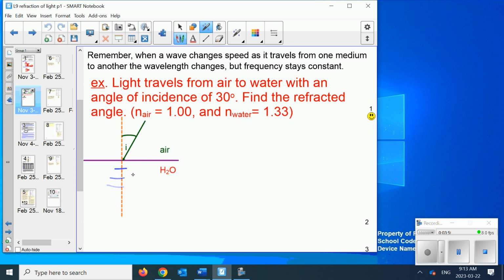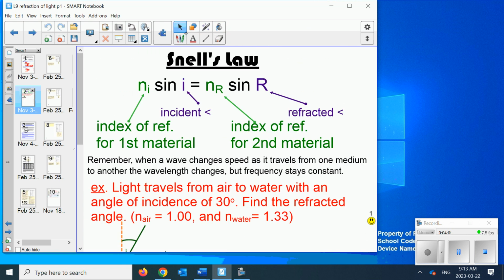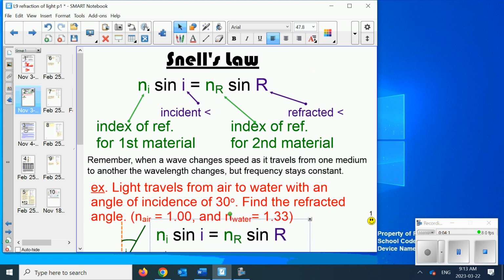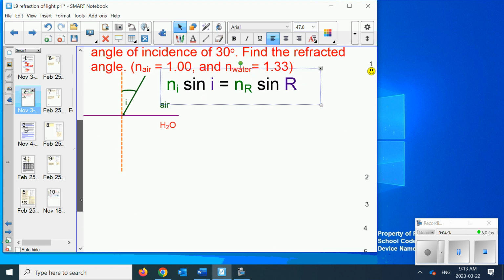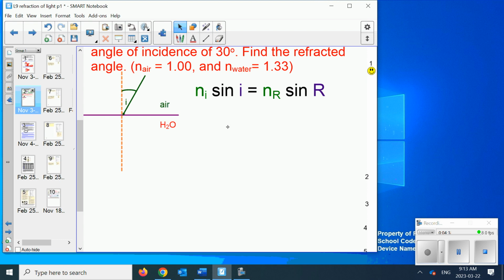Now we're going to calculate what that angle is. So we're going to use the old formula. Let's plug in some stuff.